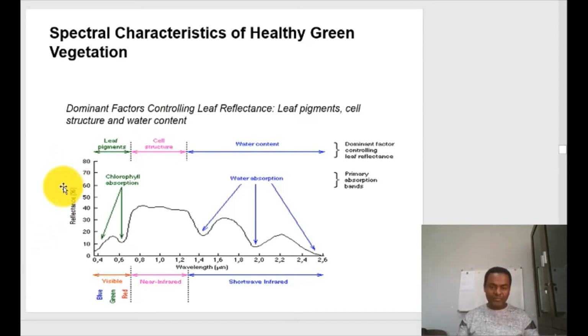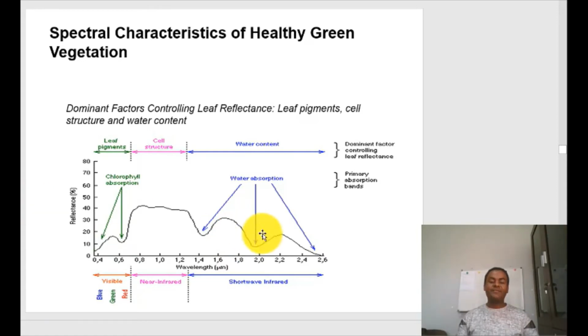Now we are focusing on reflectance, okay, versus wavelength region. Okay, the amount of reflected energy in different wavelength ranges is different depending on the nature of the object. Now we have a vegetated surface. Okay, in our previous slide we said that even if the object is the same, the amount of reflected signal in different portions of the spectrum is different.